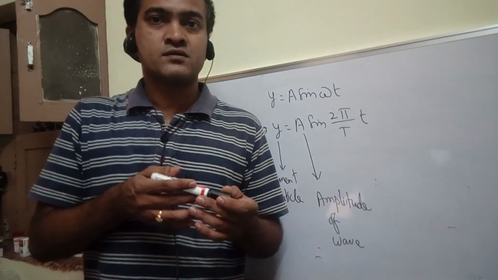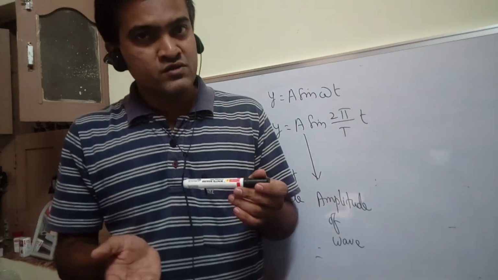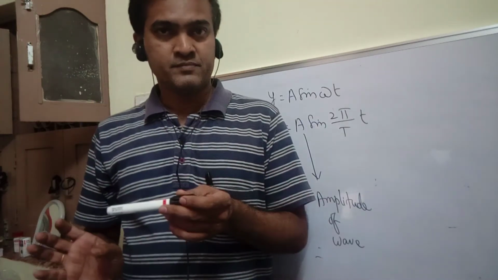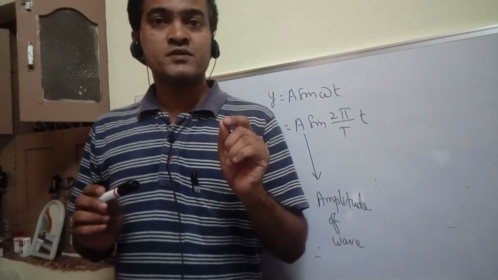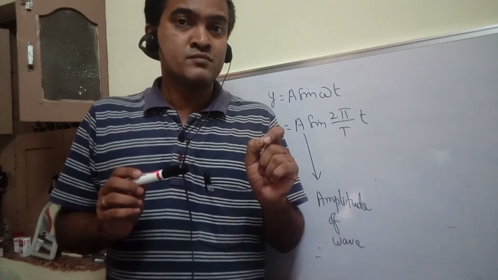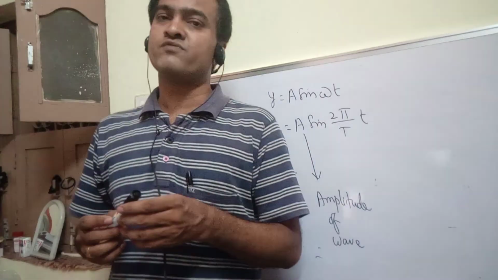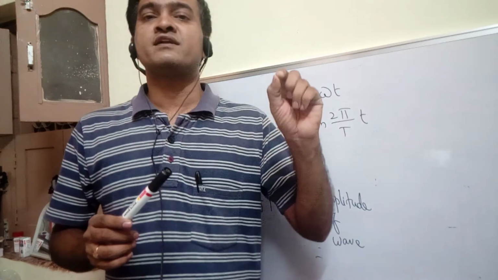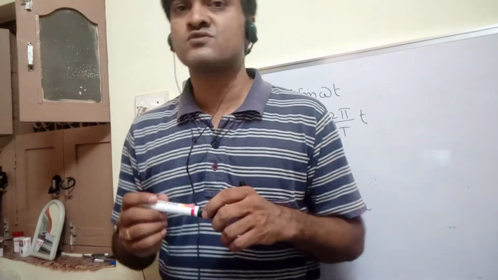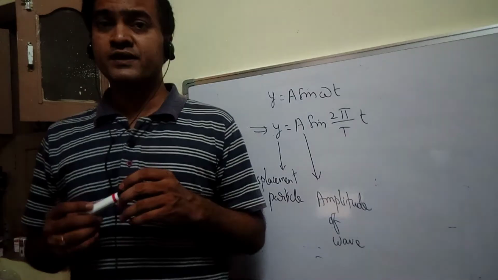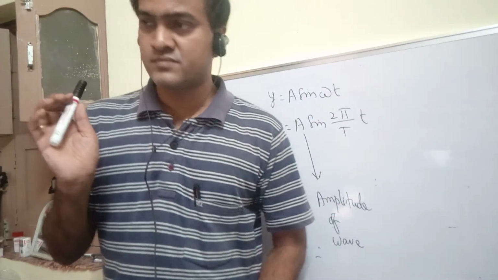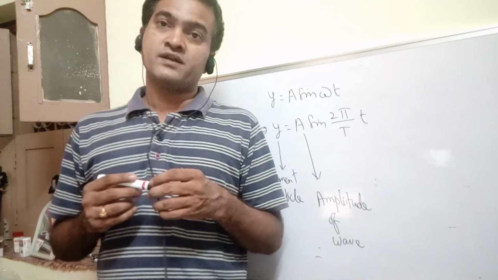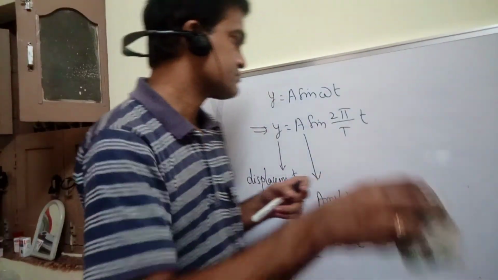Whether you take a longitudinal wave or a transverse wave, the amplitude definition will be the same, that is, the maximum displacement of a particle from the mean position, or you can define it the other way as the distance between the mean position and the extreme position of a particle is called amplitude, right? This is one of the characteristics of a simple harmonic wave, amplitude. Next one is wavelength, right?